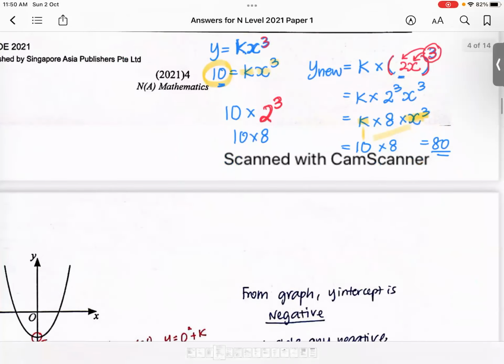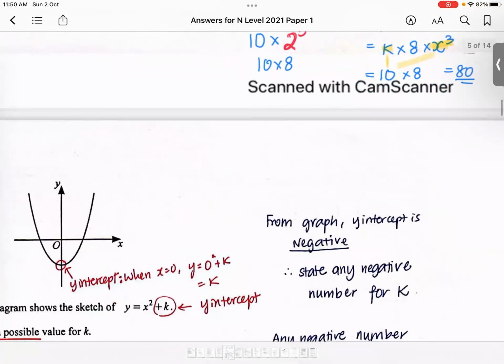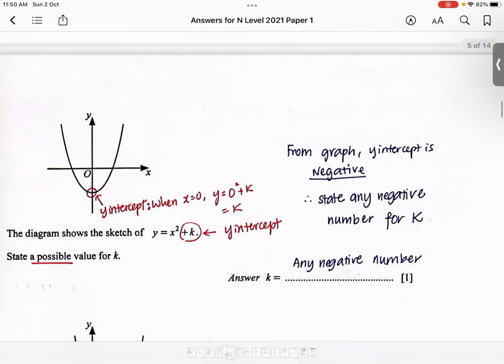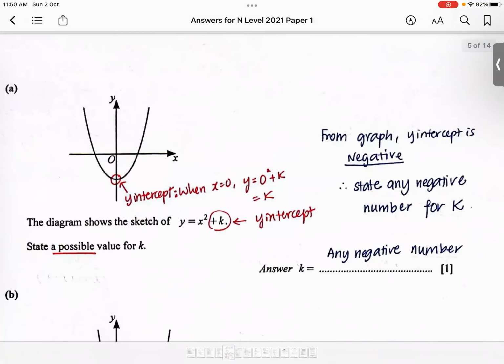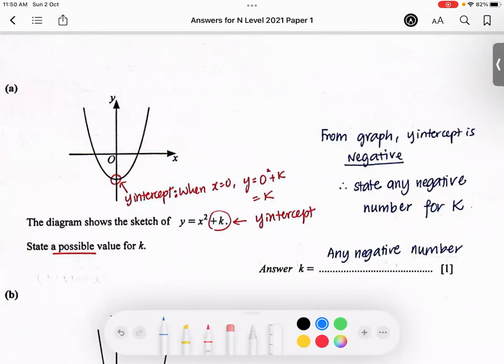Okay, this question is testing your concept, and there's no fixed answer for question 9, part A. Firstly, what we understand about quadratic graphs in general, there are 3 things we need to know: I, L, and M. I for intercepts.